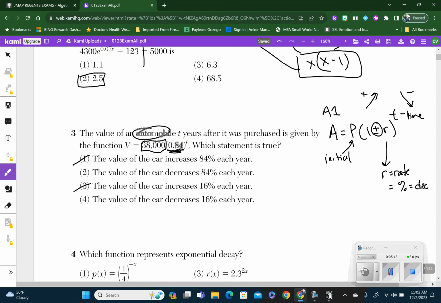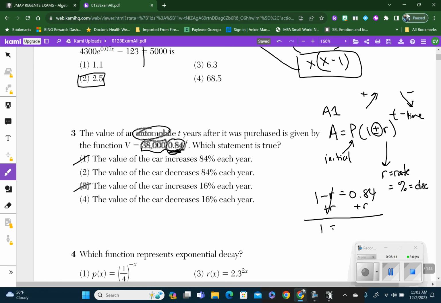And is it decreasing by 84% or by 16%? So where are they getting that 16? If you think about it, 1 minus the R is going to give you this number that's here, which is 0.84. So if we want to figure out what R is, add R to both sides and subtract the 0.84. Let's do this one at a time.